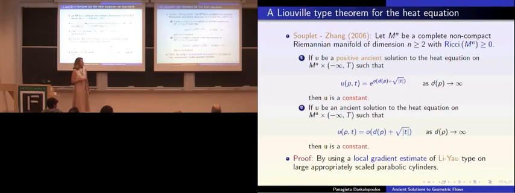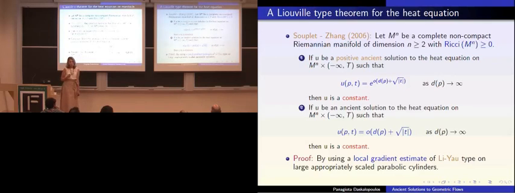And of course, if you don't assume the non-negativity, then you may have polynomial solutions, and a harmonic polynomial, of course, is a solution. So then you need to put much more restrictive assumptions. And how do they prove such a result?